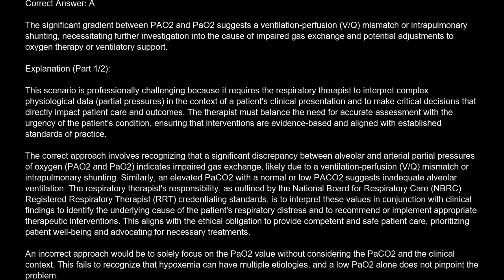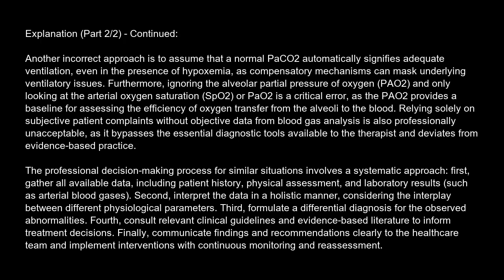An incorrect approach would be to solely focus on the PaO2 value without considering the PaCO2 and the clinical context. This fails to recognize that hypoxemia can have multiple etiologies, and a low PaO2 alone does not pinpoint the problem. Another incorrect approach is to assume that a normal PaCO2 automatically signifies adequate ventilation, even in the presence of hypoxemia, as compensatory mechanisms can mask underlying ventilatory issues.